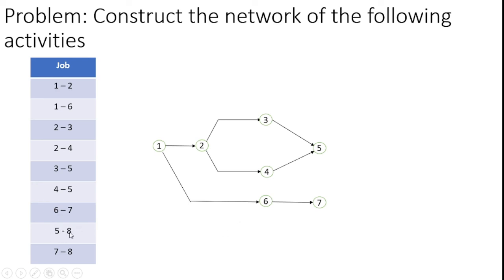After that, 5 to 8 is available, so I can represent 5 to 8. The final activity is 7 to 8, so I can represent 7 to 8. Likewise, you can frame different networks for analyzing projects. This is the procedure to frame out the network for analysis in research and development and industrial work. Thank you all.